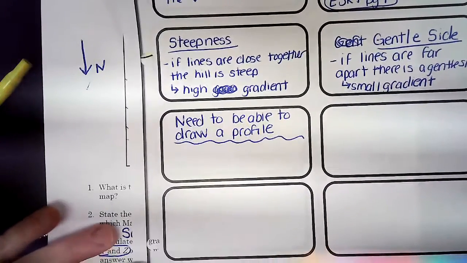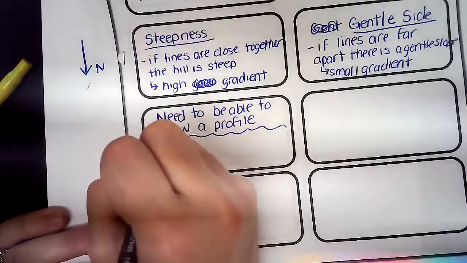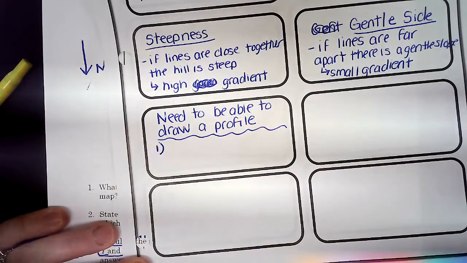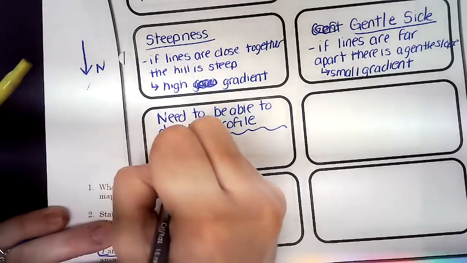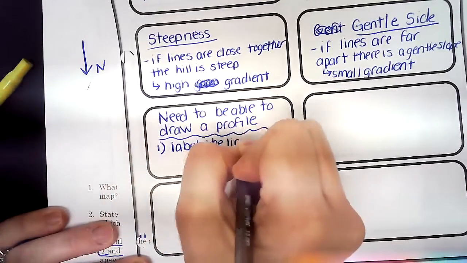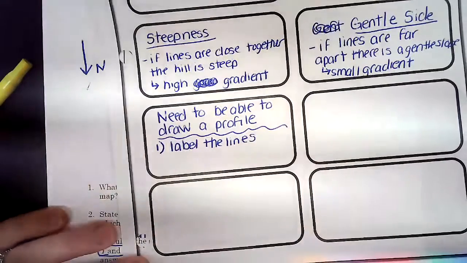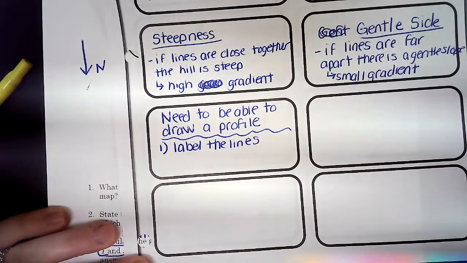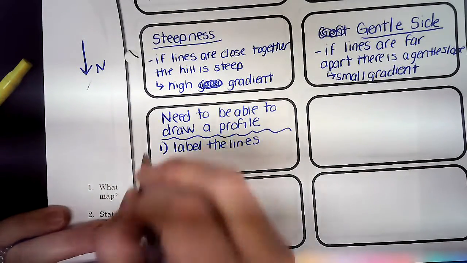We can, yeah, sure. What's the first step? Label the lines. I'm just gonna keep it small. So label the lines with the contour interval. So label them correctly. Then what?